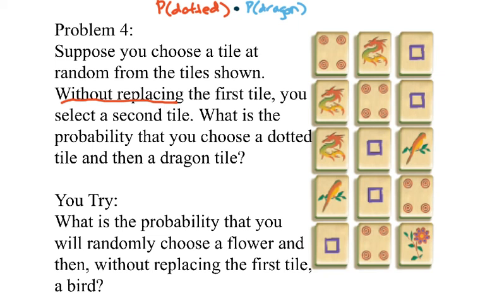Here we have 4 dotted out of the 15. Now I'm going to choose a dotted and I'm not going to put it back in, so this dotted is no longer part of the equation. Now the probability that I choose a dragon: I still have 3 dragons, but now I only have 14 because I took one away.